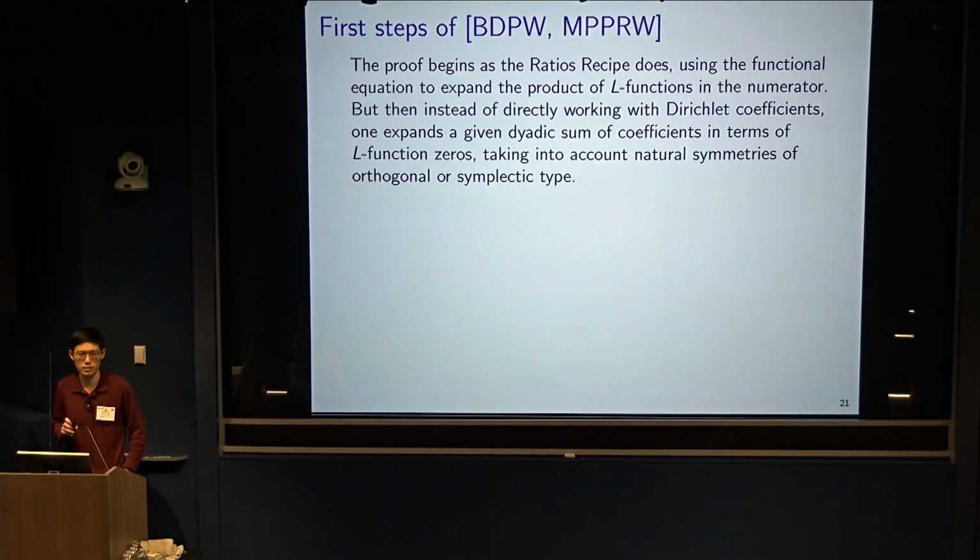But then the point is, instead of directly working with Dirichlet coefficients, we expand everything in terms of zeros, or in the random matrix case, that would be in terms of eigenvalues of the matrices. And then we take into account what family we're working with, like unitary, symplectic, or orthogonal, and then break it into irreducible pieces. The advantage of doing this is that it'll be clearer to see where these various kinds of polar terms arise on the right-hand side of the ratios conjecture, or ratios theorem.